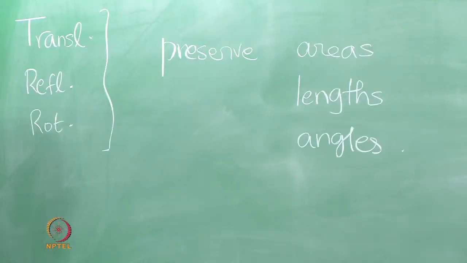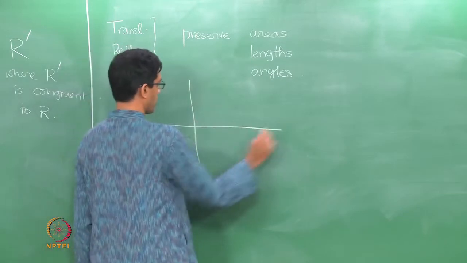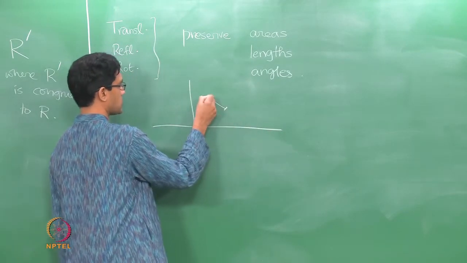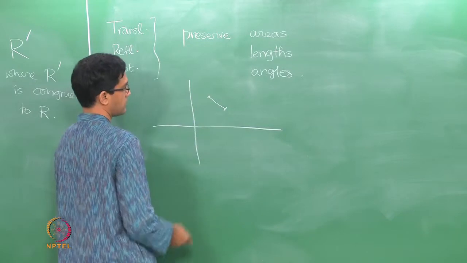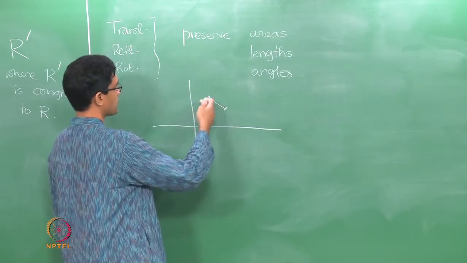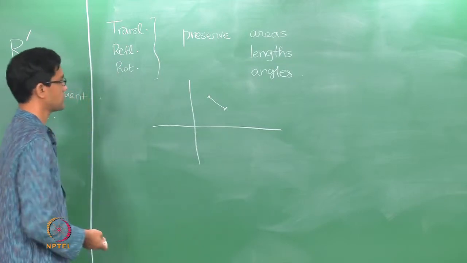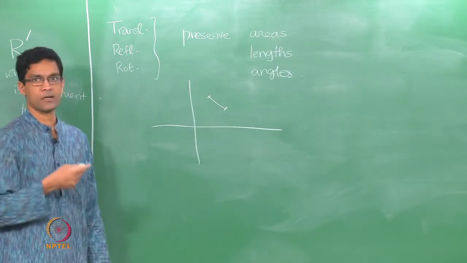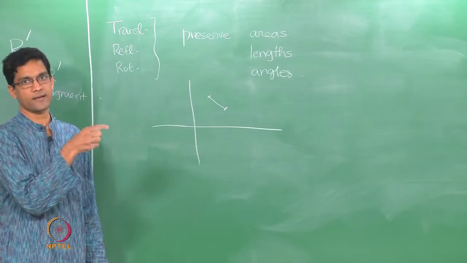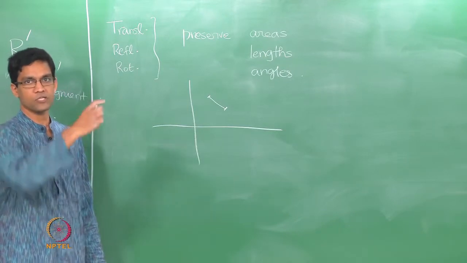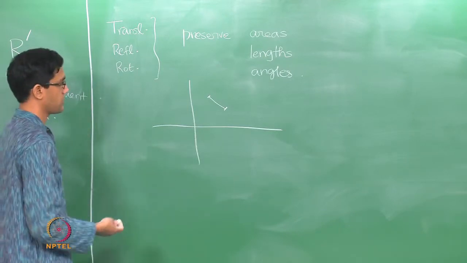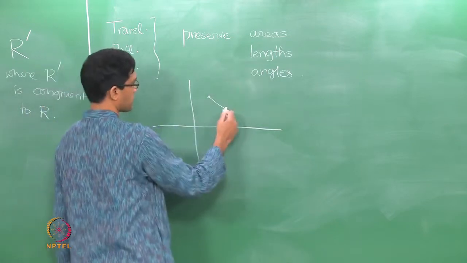Well, if I have a line segment somewhere on the plane, and I see what happens to it under a translation, I get back another line segment of the same length. Likewise, if I reflect it or I rotate it, the length of the line segment that I get does not change. Maybe it is oriented slightly differently, but I get the same thing. That is what length preservation means.